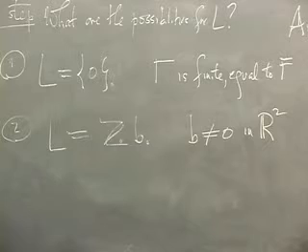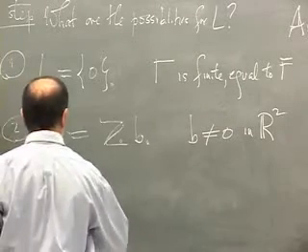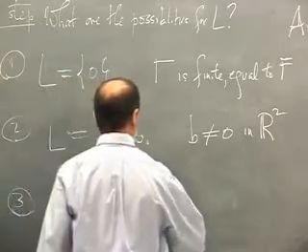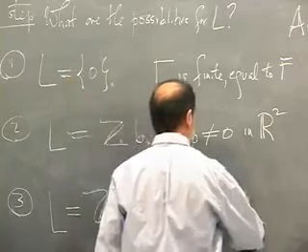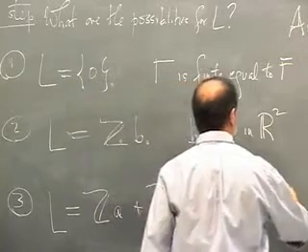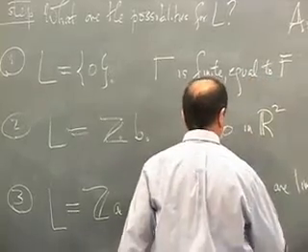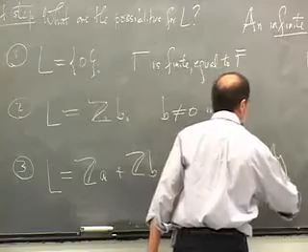That certainly has the property that it doesn't contain arbitrarily small translations. And the third possibility is that L can be all integer multiples of one vector a plus all integer multiples of another vector b, where a and b are linearly independent over R in R2.